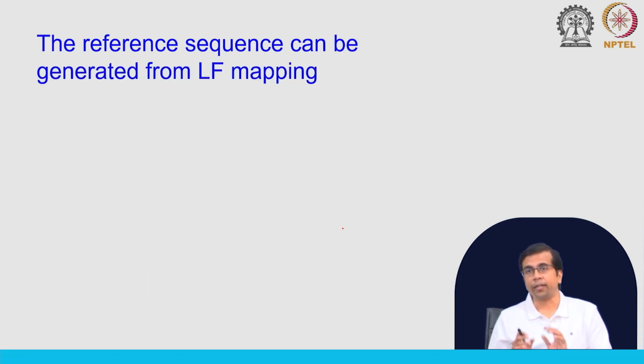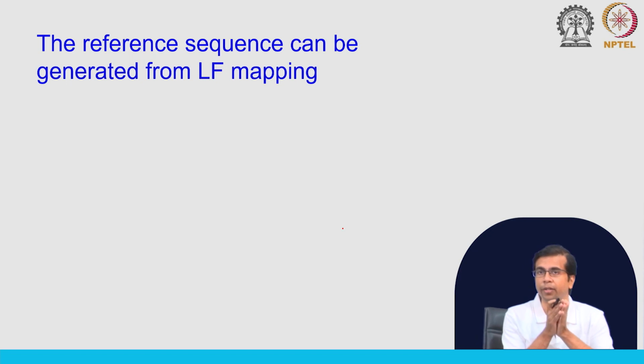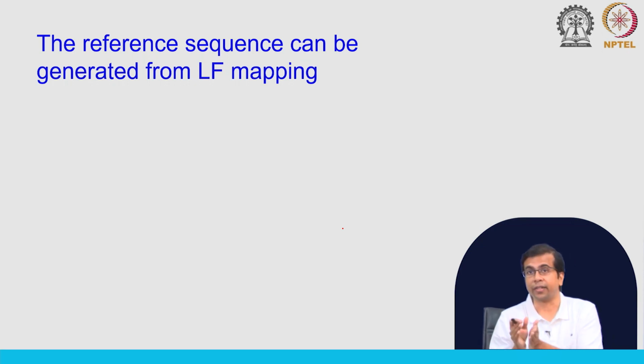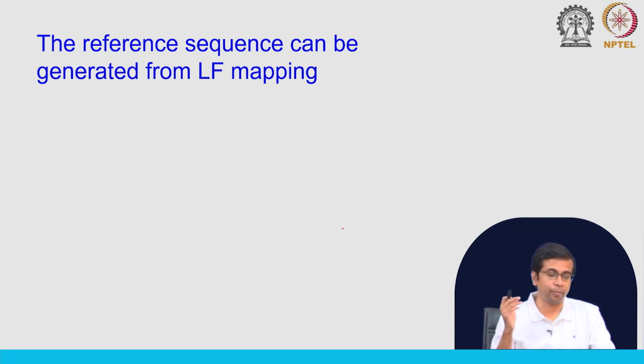Now, we will talk about another property, what we can do with LF mapping. Using this BWT sequence and the property of LF mapping, we can actually generate the original reference sequence. Okay. The only thing we need is this BWT, and we can generate the first column from BWT, and combining these two with the principle of LF mapping, we can go back to the reference sequence.